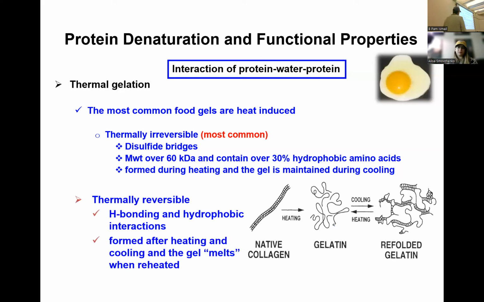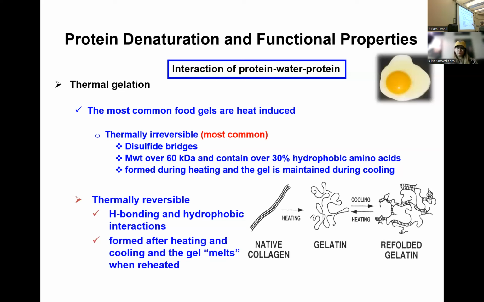For thermally reversible gels, the most common example is collagen. This is your native collagen. It's stabilized mostly by hydrogen bonding. There is some disulfide interchange too, but mostly hydrogen bonding. Hydrogen bonding is weakened by heat. So when you heat, you break the hydrogen bonding and form irregular coils.